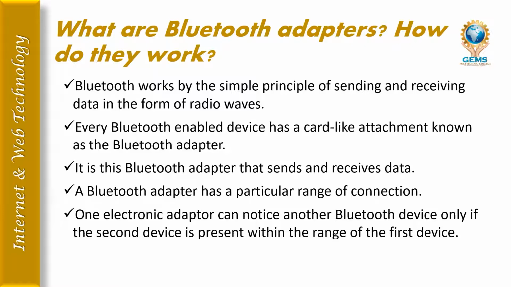It is the Bluetooth adapter that sends and receives data. The adapter has a particular range of connection, so one adapter can notice another Bluetooth device only if the second device is present within the range of the first device.